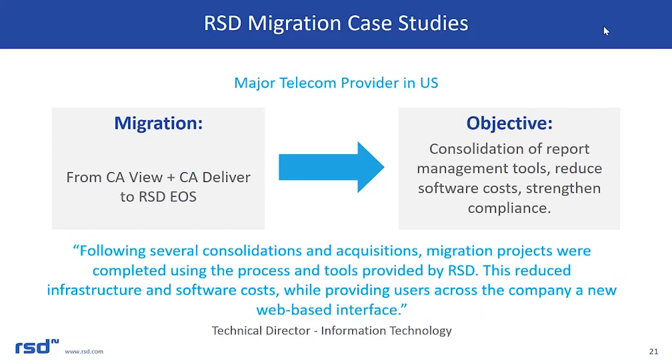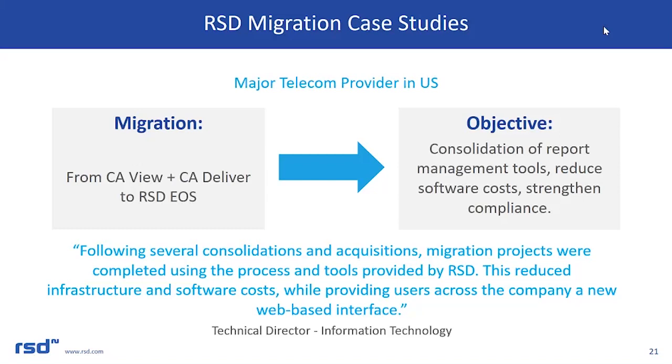The technical director there said, following several consolidations and acquisitions, migration projects were completed using the process and tools provided by RSD. This reduced infrastructure and software costs while providing users across the company a new web-based interface.